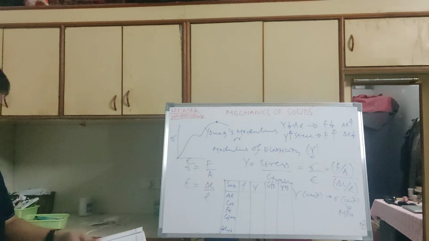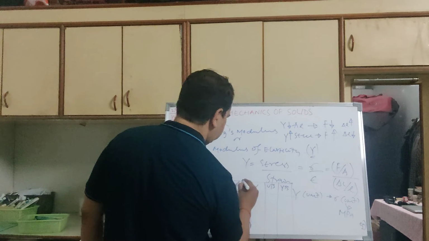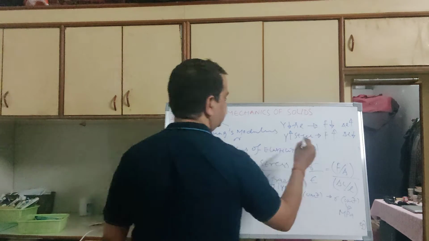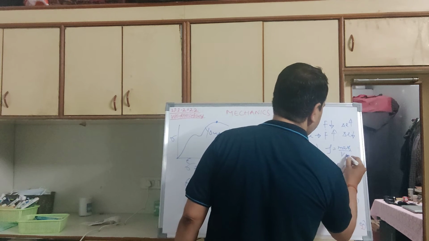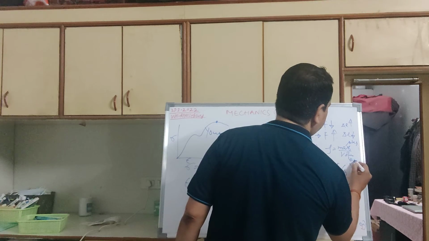Okay, so aluminium, what is the density? Aluminium density is 2710. The unit of density is kg per meter cube, because density is mass per volume, mass in kg and volume in meter cube.